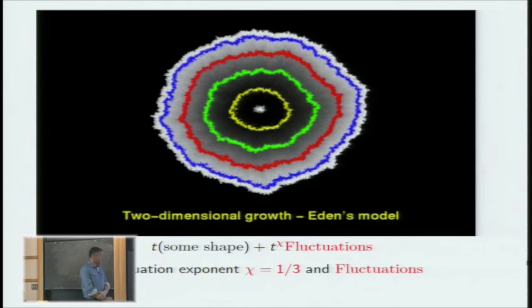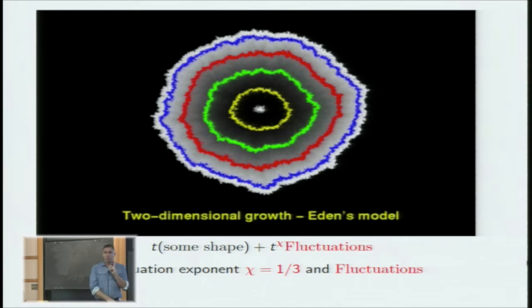Now, the large-scale structure is that the thing should grow like t, in some variable you call time, times some shape. The shape may not actually be a circle here. It shouldn't be a circle here. Plus fluctuations, and the fluctuations are of size t^χ. And the key thing is that in this 1+1 dimensional situation, so this is 2-dimensional, but the boundary here is 1-dimensional, the boundary here is what's supposed to be KPZ-like, right?